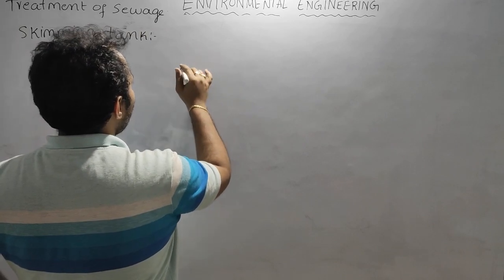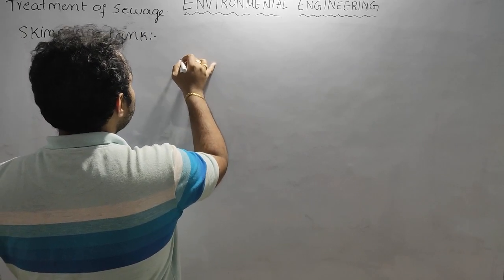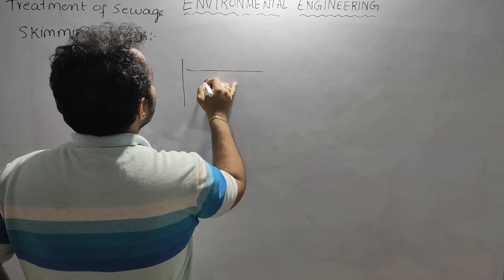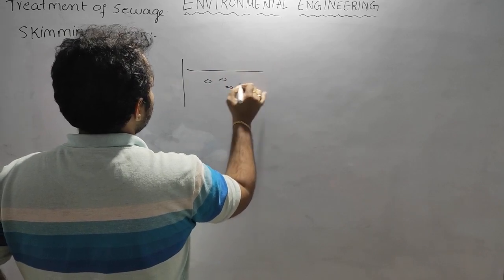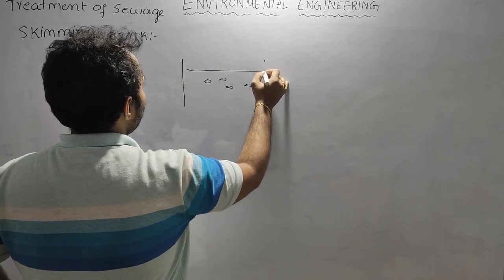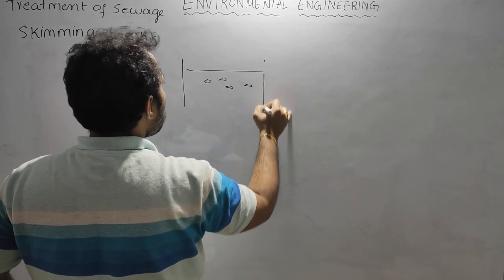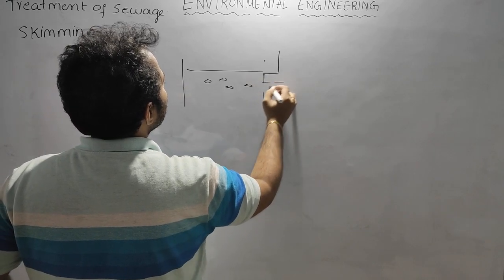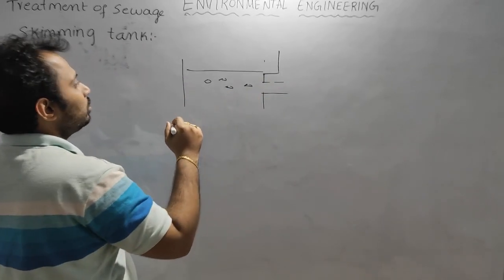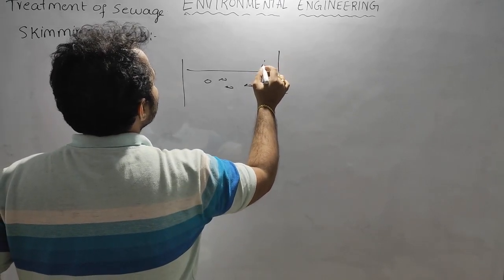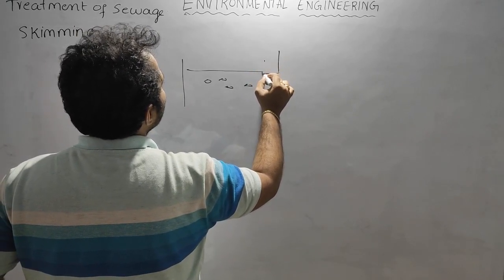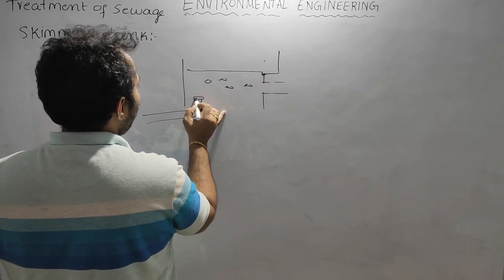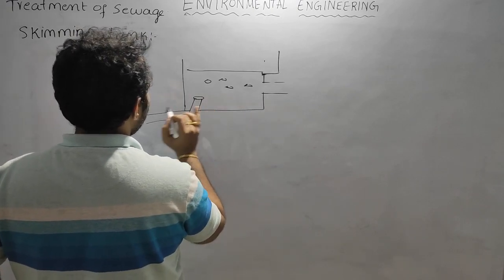When there are oil and greases present inside the water, what we generally do is send air from the bottom of the skimming tank.